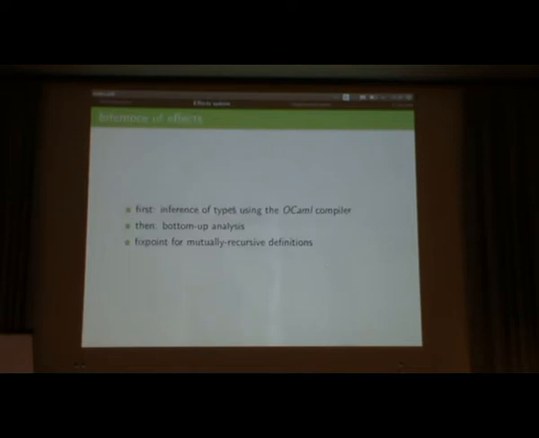So how to infer effects in programs? With this system, it's simple. We start from the inferred type of the OCaml compiler, and we do a bottom-up analysis by recursion. The only corner case is for recursive definitions, and for that we just compute a fixed point.